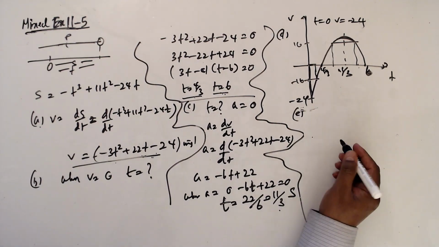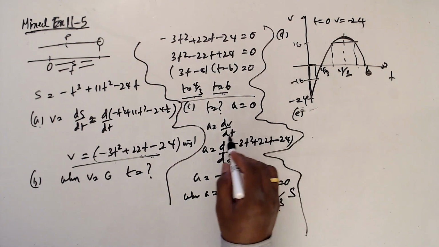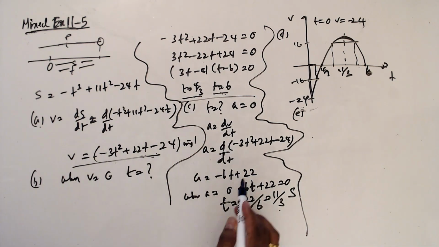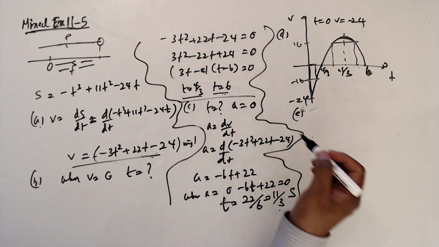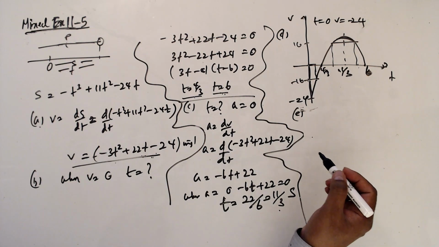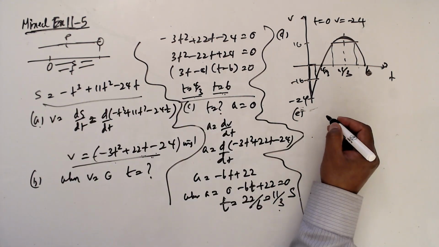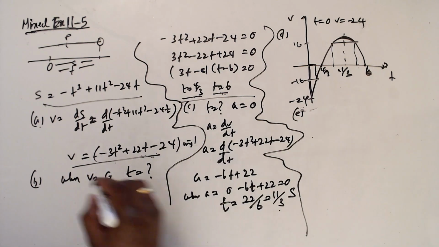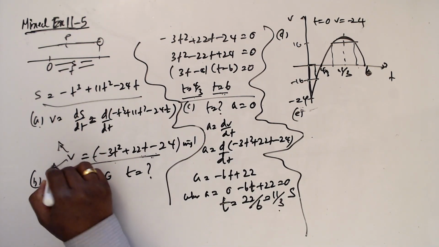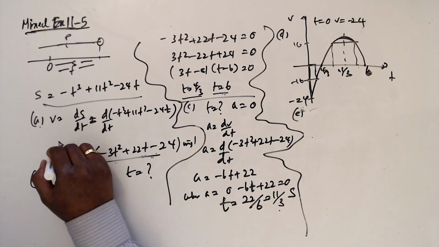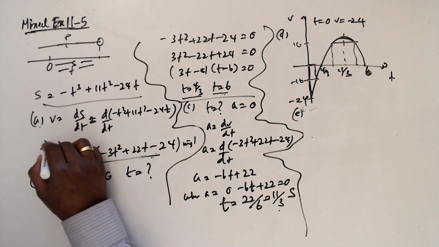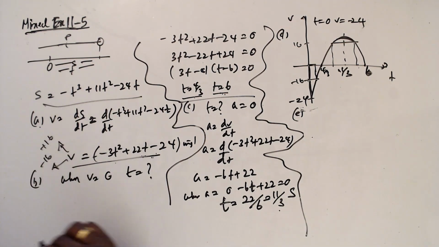In between those two times we have to solve two equations, for two v values, one is plus 16 and the other one is minus 16.